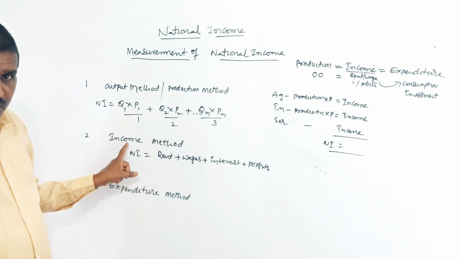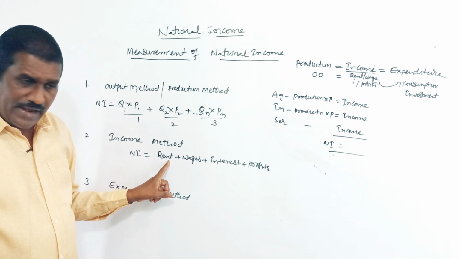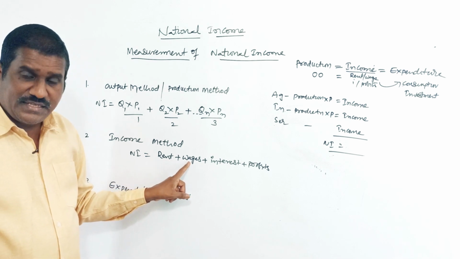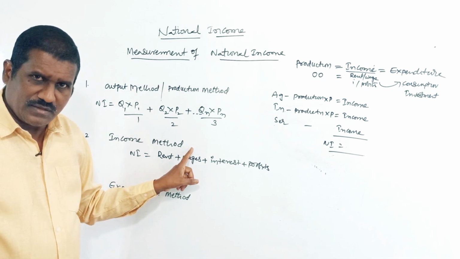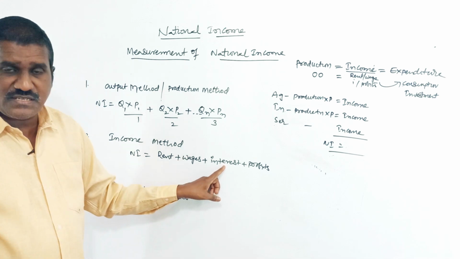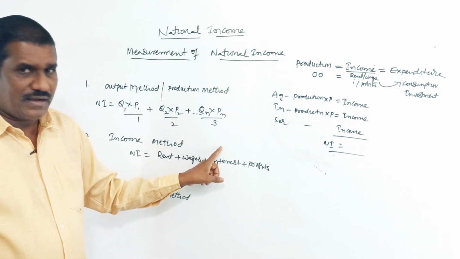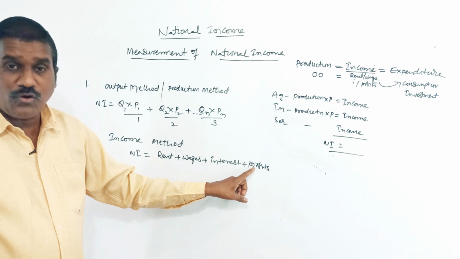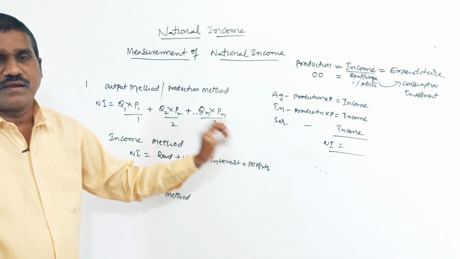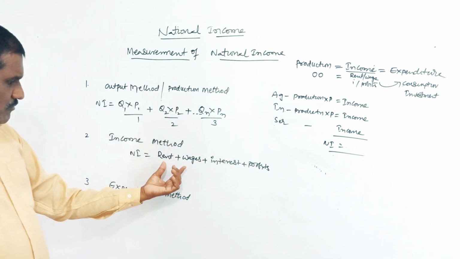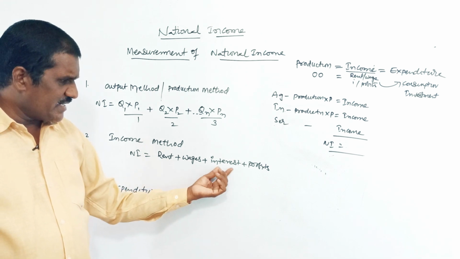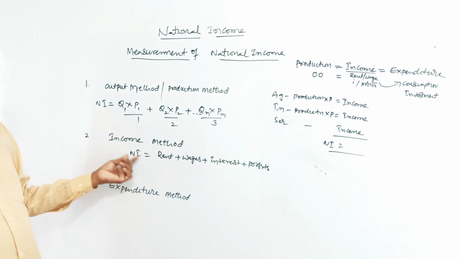See here, income of the land. Wages are the income of the labor, interest is the income of the capital, and profits are the income of the organization. So when we add rent, wages, interest and profits, we get the national income.